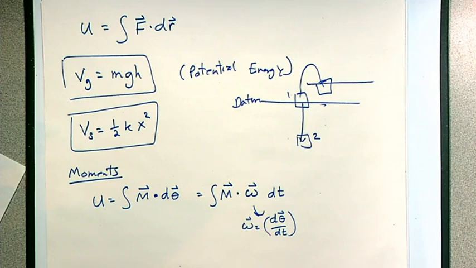So that one could give us work. Or if I've got a torque on the wheel. My motor is providing a torque. Hey, that's a torque acting over some angle theta. That's going to be an external work term that we need to track along. So static friction, don't worry. Kinetic friction, if we're sliding, then we got to worry.